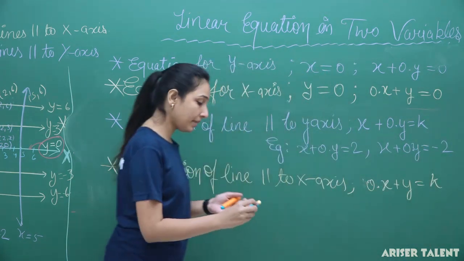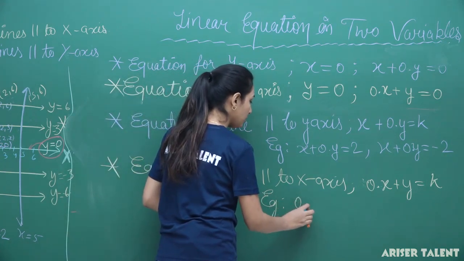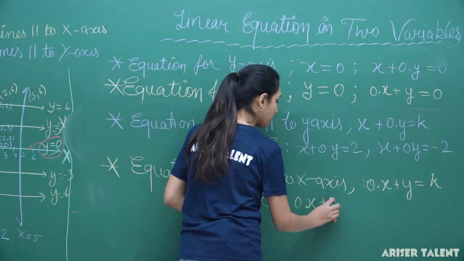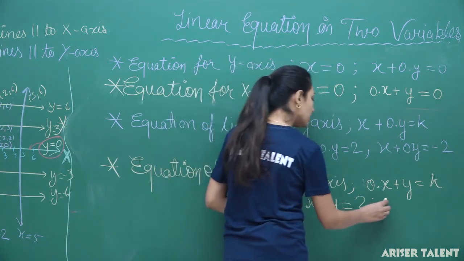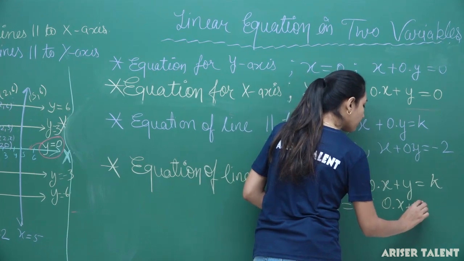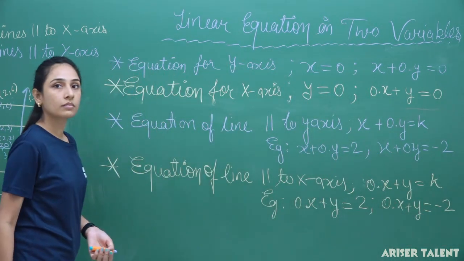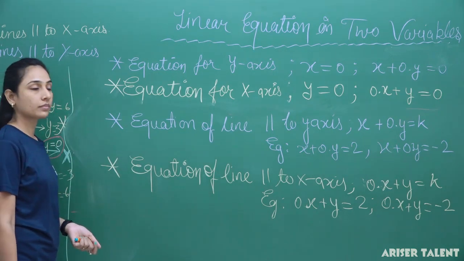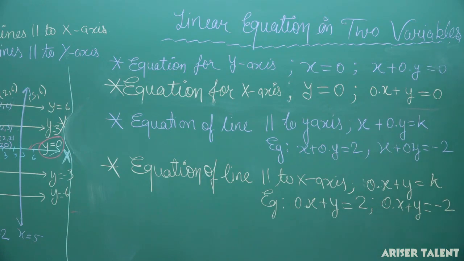For example, I may have 0x plus y equals to 2, or 0x plus y equals to minus 2. So these are the important points.